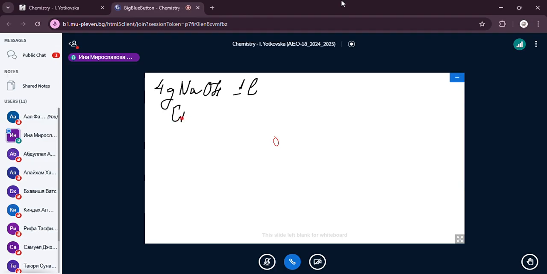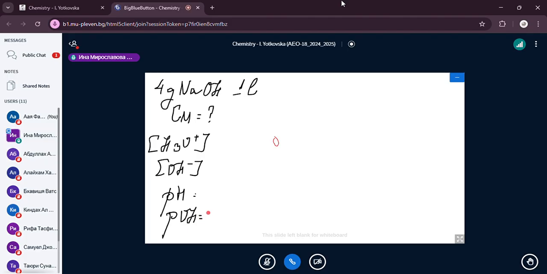Find out the molarity concentration, and after that find out the concentration of oxonium ion, of hydroxyl ion, of pH, and pOH. Solve this one.